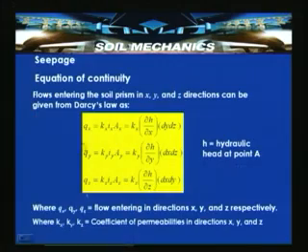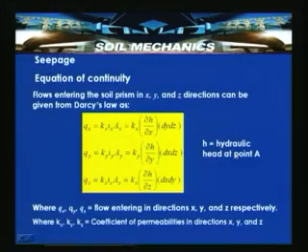By using Darcy's law, we can write qx is equal to kx ix ax, where kx is the coefficient of permeability in the x direction, ix is the hydraulic gradient in the x direction, and ax is the area perpendicular to the x direction, that is dy dz, and h is the hydraulic head at point A under consideration.